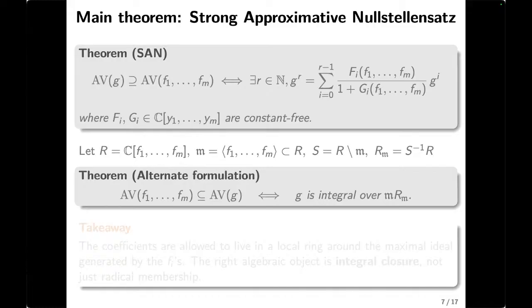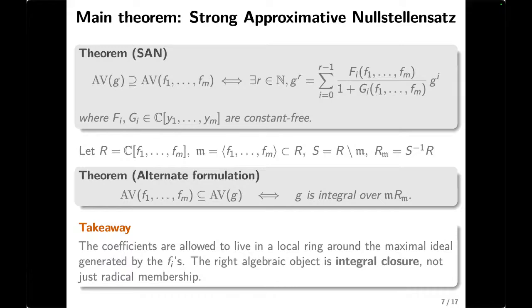And integral essentially means it satisfies a monic polynomial. So in the classical setting, the strong Nullstellensatz relates to radical questions, and in the approximative setting, we find that this relates to integral closure.